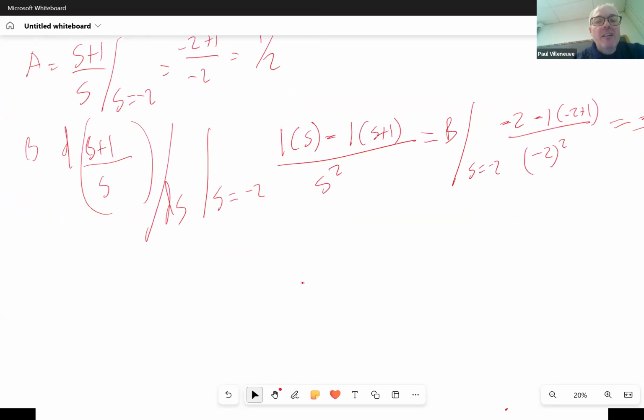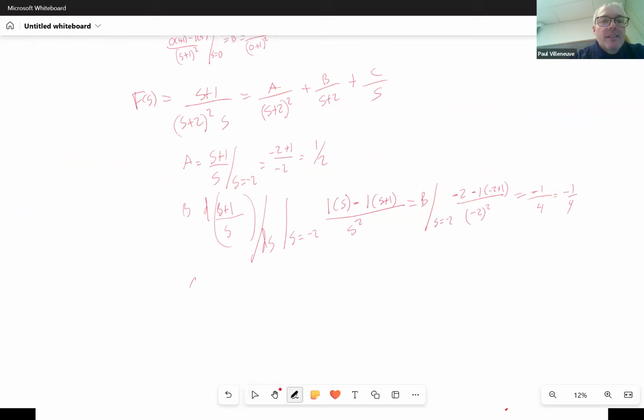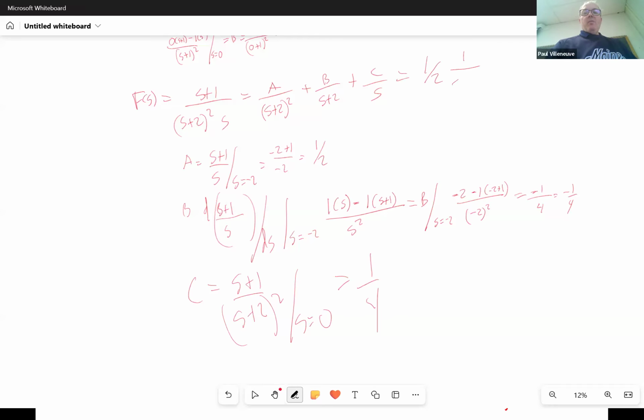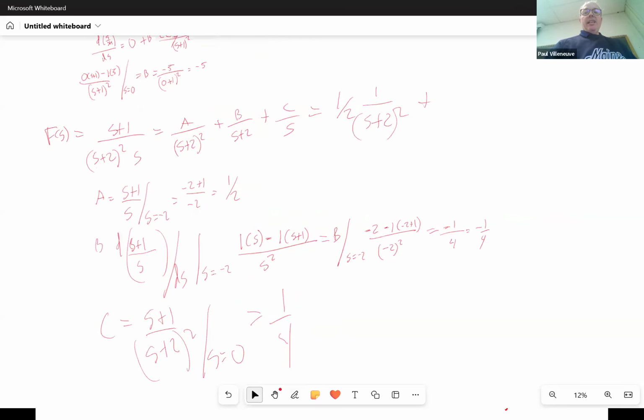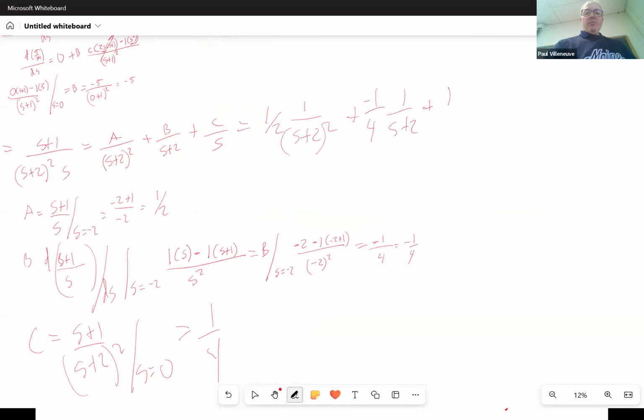And then my C term. C is s plus 1 over s plus 2 squared, evaluated at s equals 0, 1/4. So this becomes 1/2 times 1 over s plus 2 quantity squared, plus or minus, we'll just put -1/4, 1 over s plus 2, plus 1/4 times 1 over s.